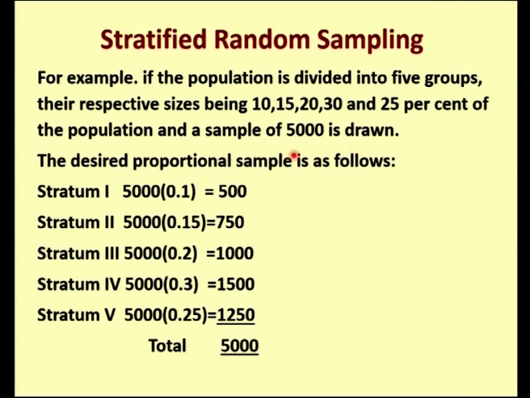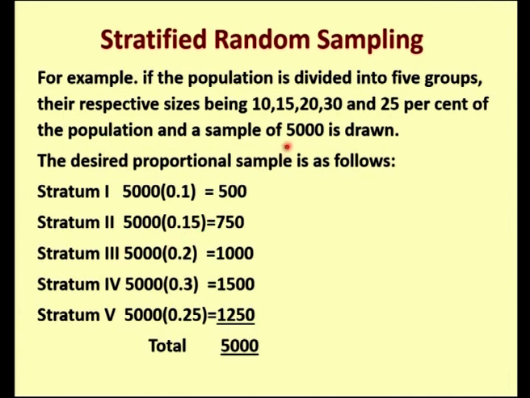So the sample size is 5000. You can divide the population into 5 subgroups called strata. For stratum 1, the weight is 10% of 5000, that is 500.